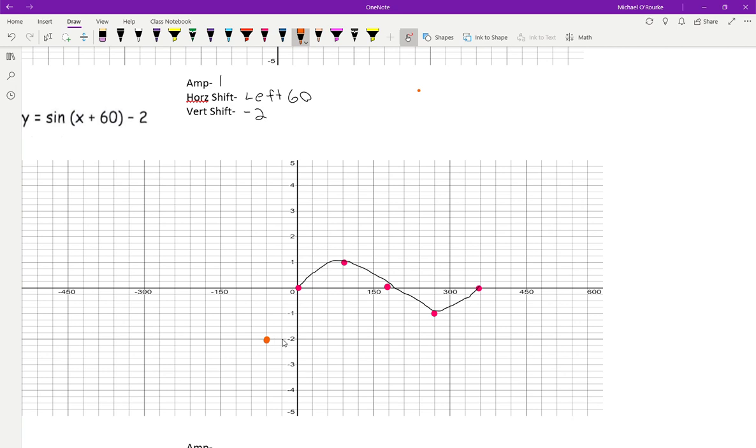Okay? Then I look at my amplitude. Actually, I'm not even going to look at my amplitude yet. I'm going to put my 180 and 360 down. Okay? So right now I'm at negative 60. Like this spot here is negative 60.